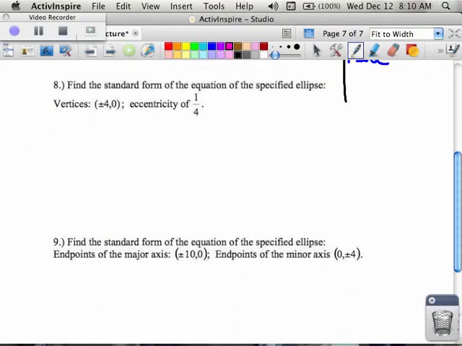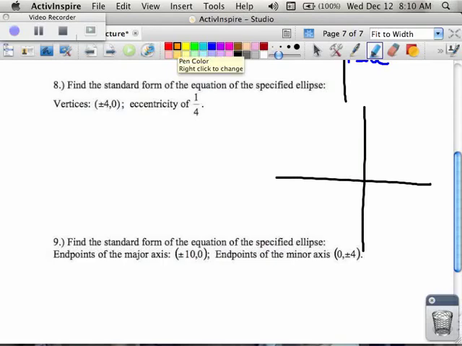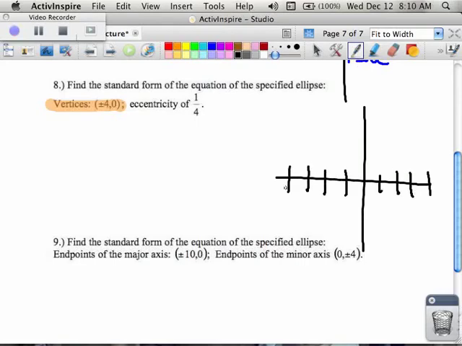In number 8, again starting with a picture, I see the information that I have my vertices at plus or minus 4, 0. So I put those on my graph. And the reason that that's kind of important to me is, as usual, I know where my center is now. I know that my center is directly in the middle. Or in other words, I know my center is at (0, 0).